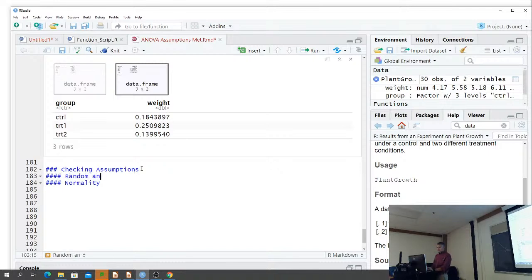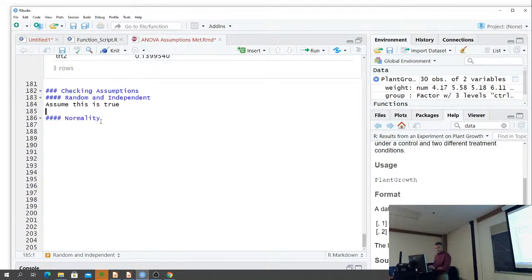First is random and independent. Assume this is true: the data are random and independent. Assume that it's true for this class. We'll leave it at that. Normality, we'll use QQ plots. The handout has subsetting.